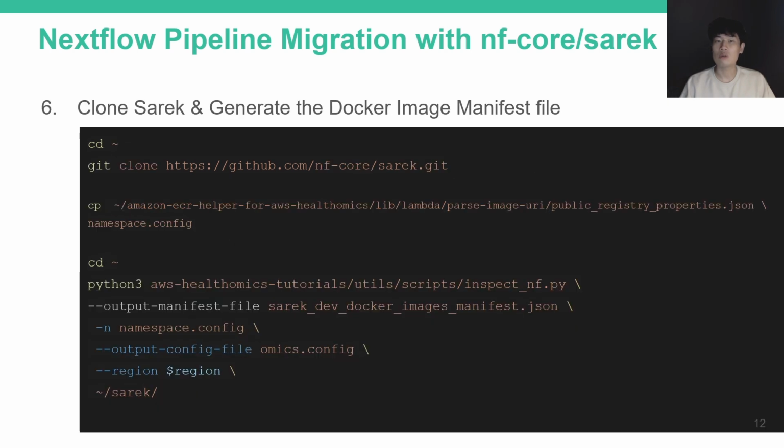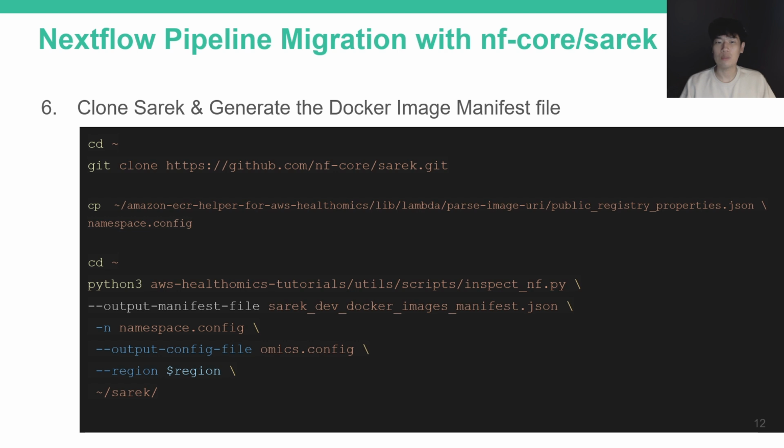Next, we are going to clone the workflow project we want, and this time it's Sarek. And then we copy one JSON file from the helper directory to the home directory and name it namespace.config. And now we're ready to convert the manifest file from Sarek using a Python file from the HealthOmics tutorial Git directory.